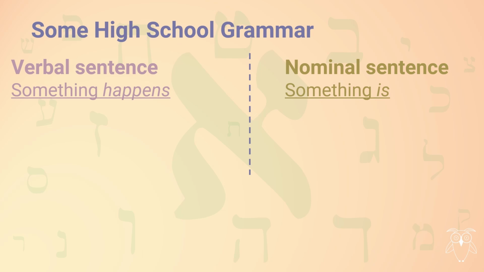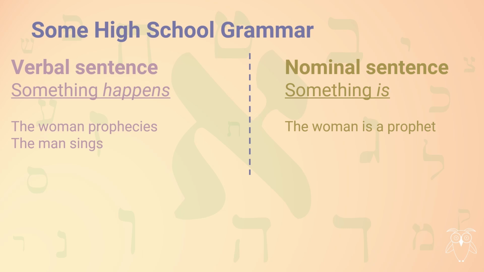Here, let me give you an example. The woman prophesies. The woman is a prophet. In the first sentence, something is happening. And in the second sentence, something is the case. Here's another one. The man sings. Something is happening.